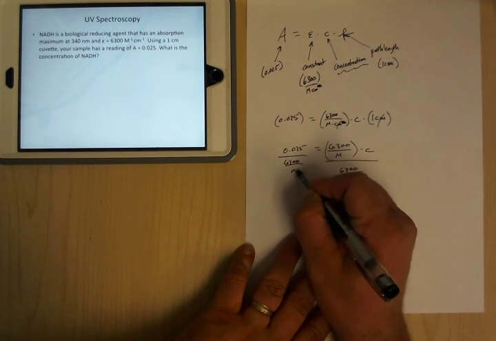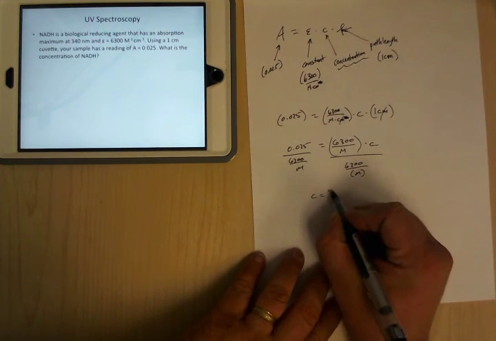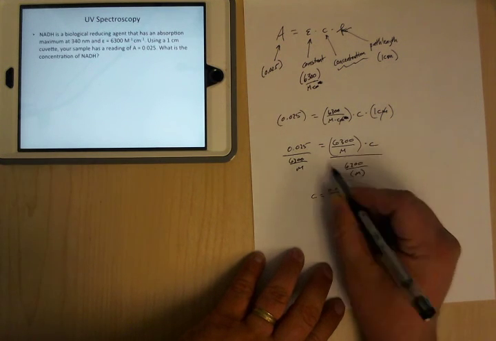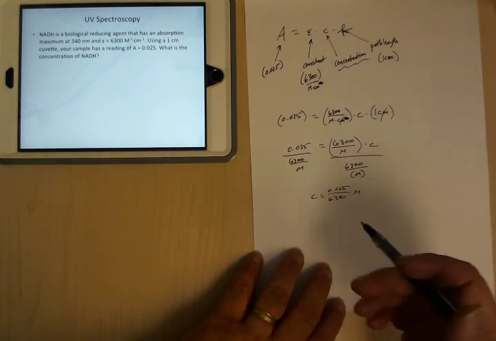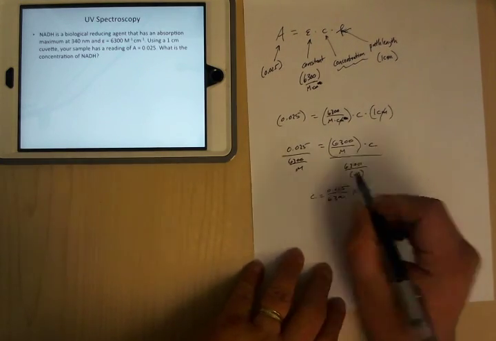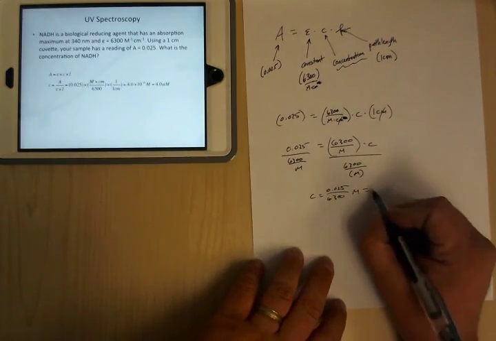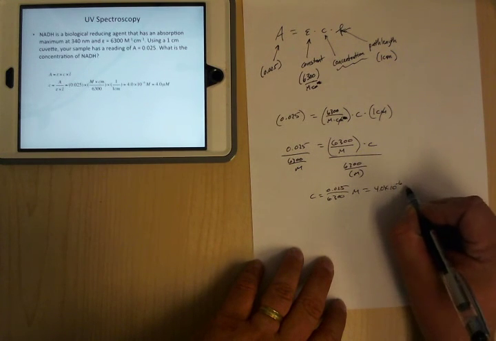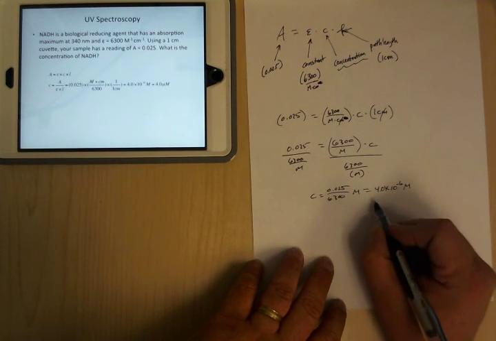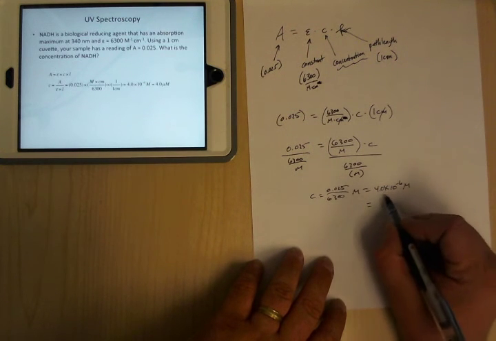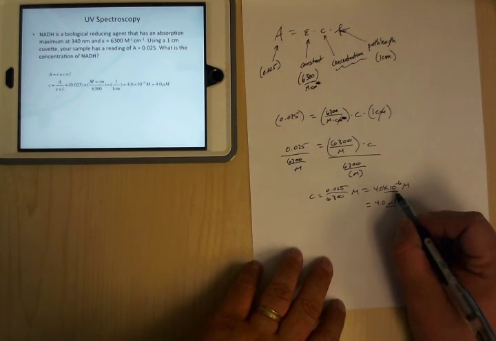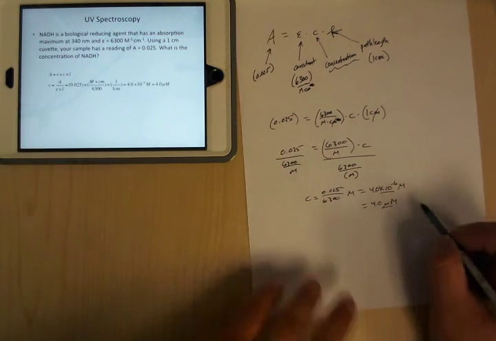So C is equal to 0.025 over 6,300 molar, and it ends up being 4.0 times 10 to the minus 6 molar, which if you want to get fancy, you can say 4.0 micromolar, because micro means times 10 to the minus 6. I'll take either answer.